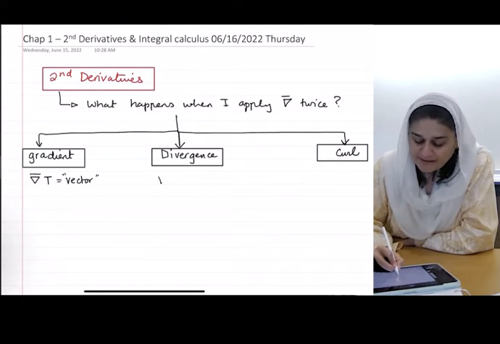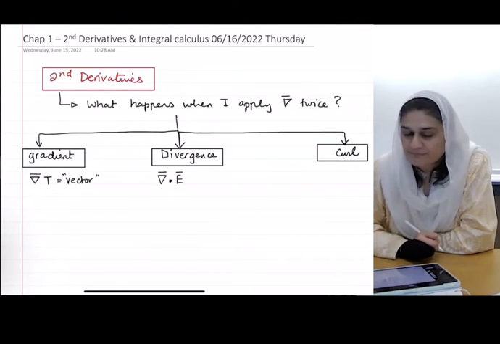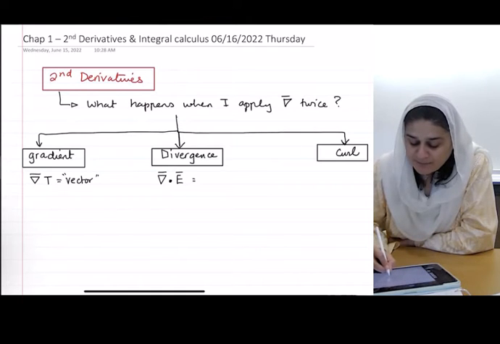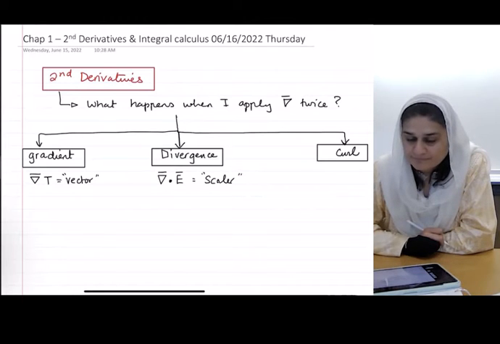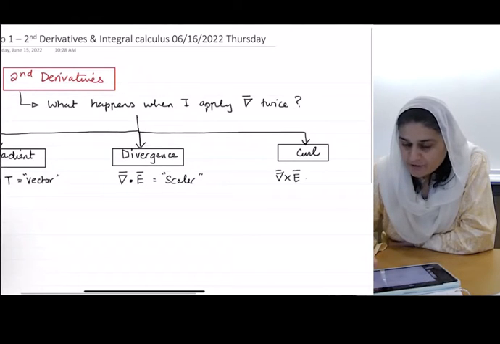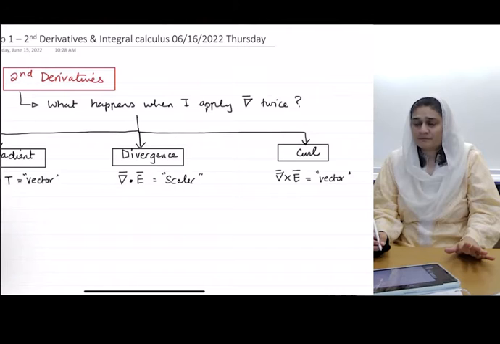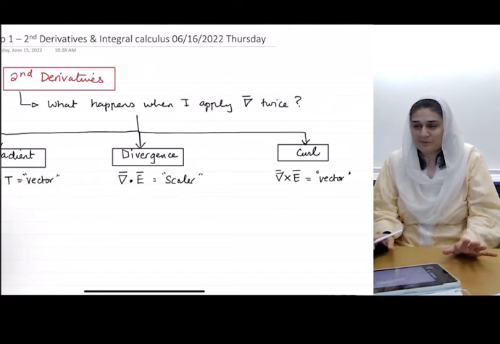Then I applied this del vector to another vector with a dot product, and that gave me a scalar answer. And the last was when I applied it to a vector with a cross product, and that answer came out to be a vector. These were all our three possibilities from yesterday.